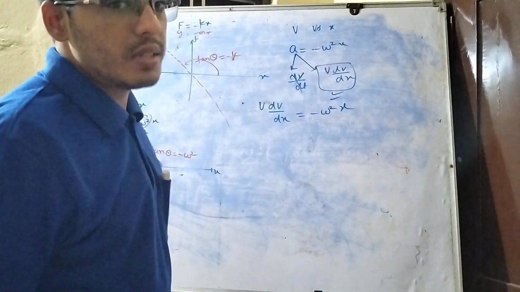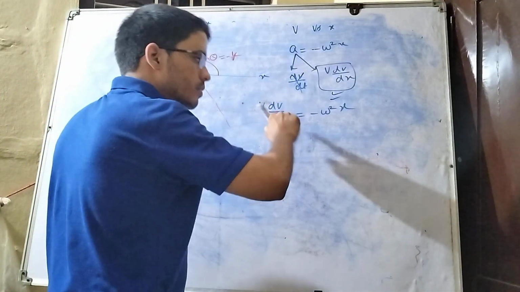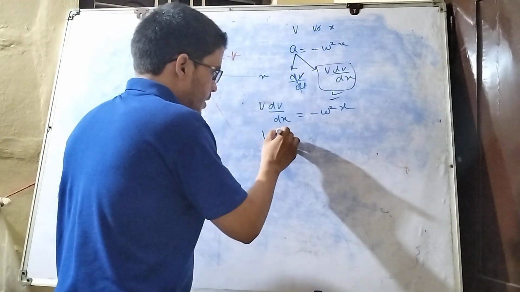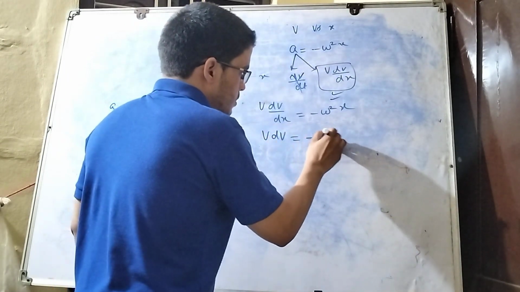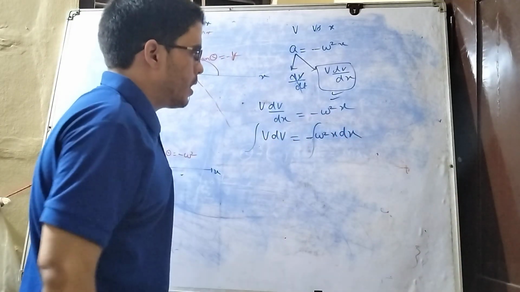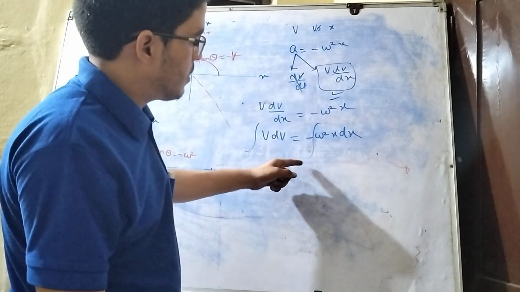Now in the differential equation, it is variable separable, so this dx shifts over because x is already present, right? So we can write v dv equals minus omega square x dx, and integrate. Doubt, sir, what is the limit value?